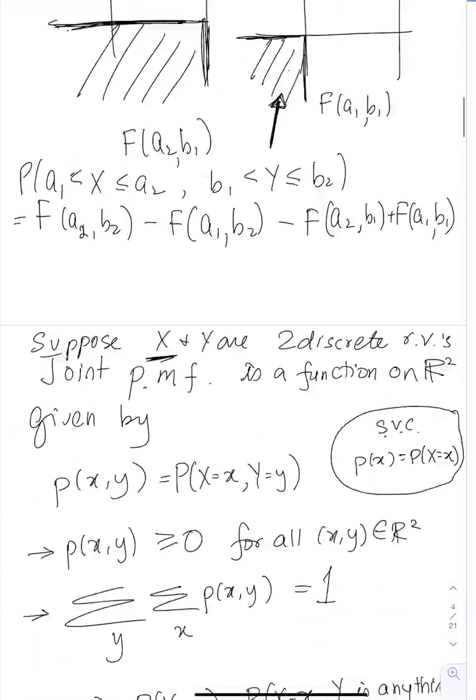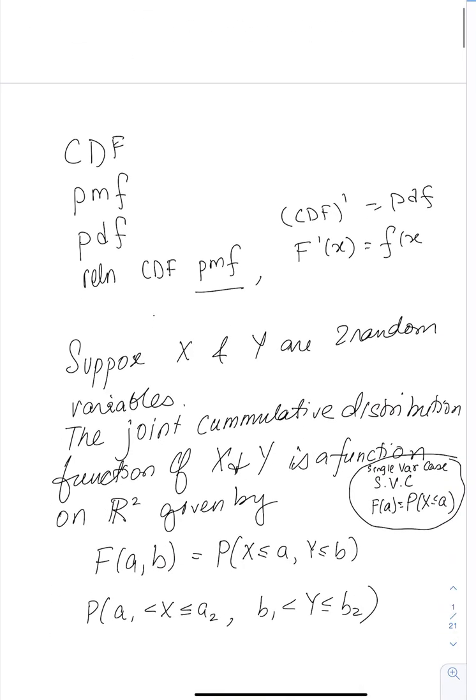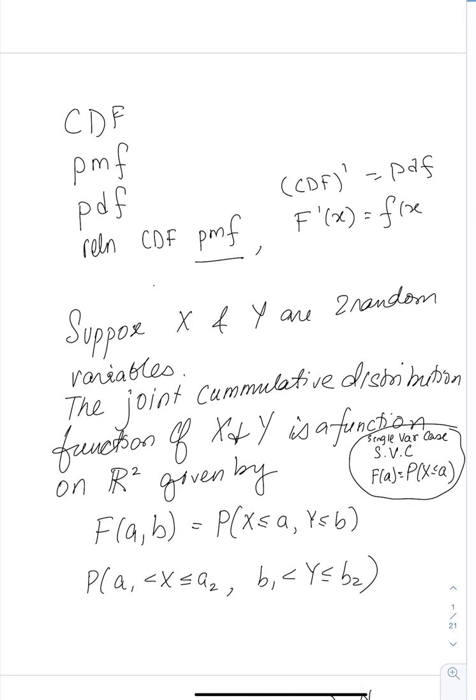I want you to remember the key things. The main things over here are you have the joint CDF. In the discrete case, you have the joint probability mass function. In the continuous case, you have the joint probability density function. What is the relation of each of these to the individual mass functions and individual density functions, which we're calling the marginals?